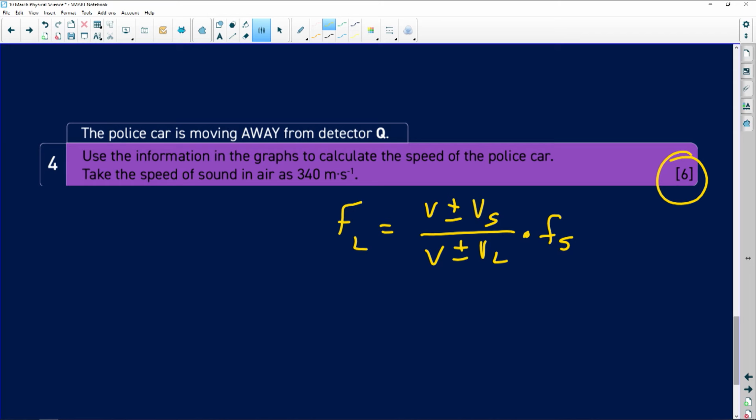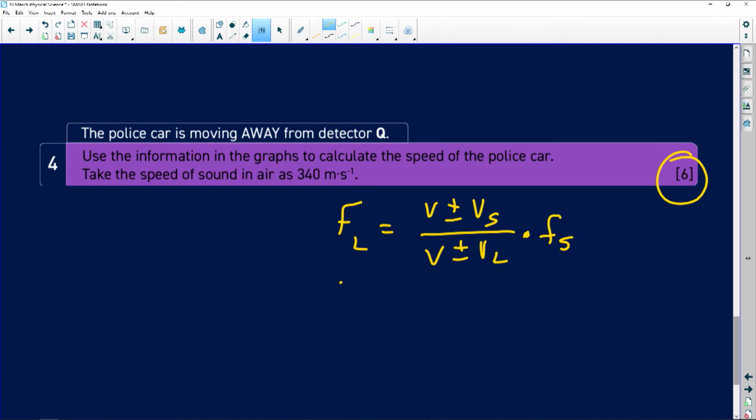All right, so we are going to now work out for detector Q. Detector Q was actually the listener in this instance. So we're going to substitute in the frequency for the detector, and we calculated, I think it was 555. So this was 555.56 is equal to V, which is 340.